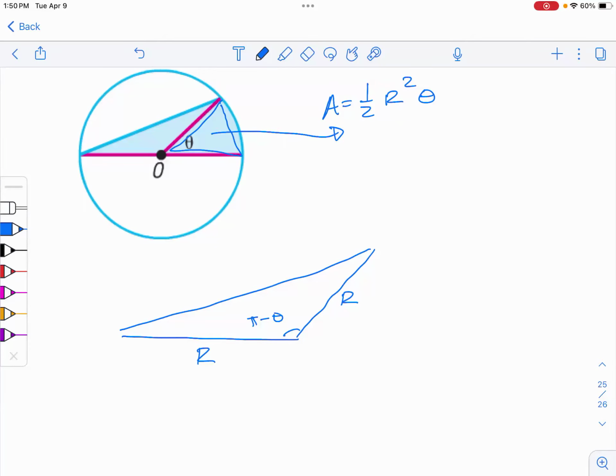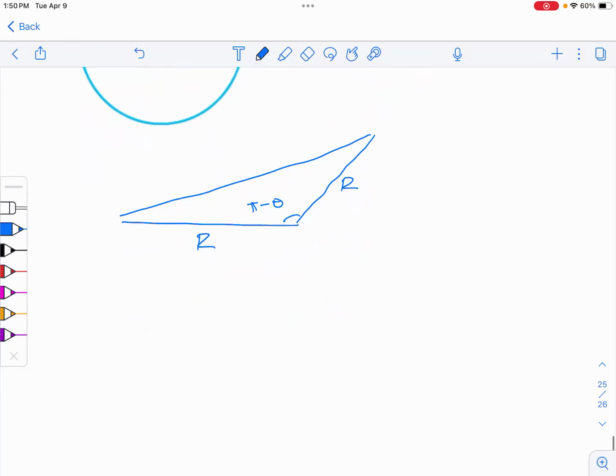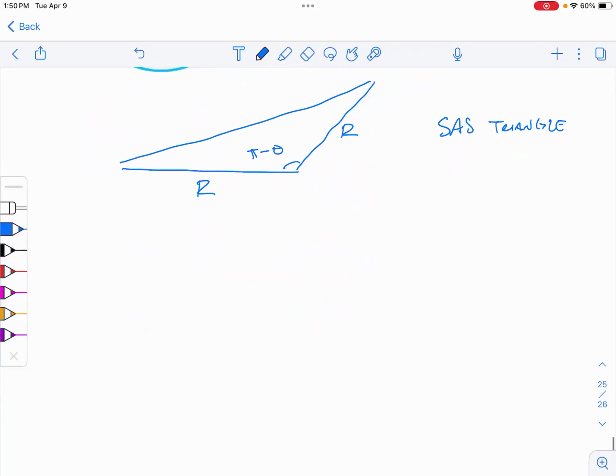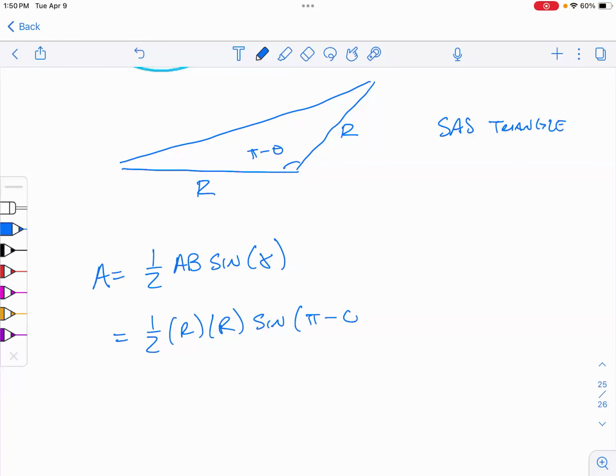Now, once again, notice what we have. We have side angle side triangle. And we have our side angle side area formula. So 1/2 A is r, B is r, sine of pi minus theta.